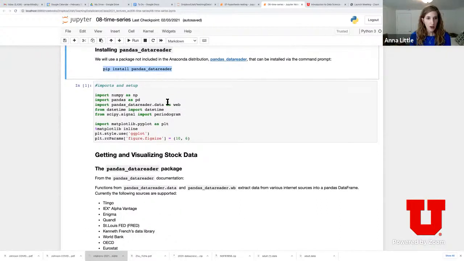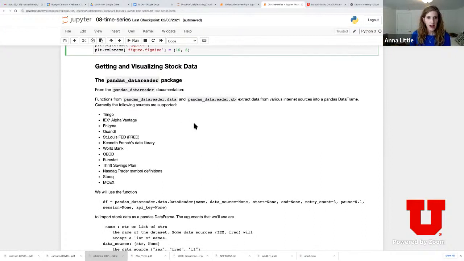And then here, we're going to import all of our usual packages, plus a few more, like the Pandas Data Reader and DateTime, and also this periodogram function, which we'll talk about at the end of the lecture. That's for the frequency analysis.